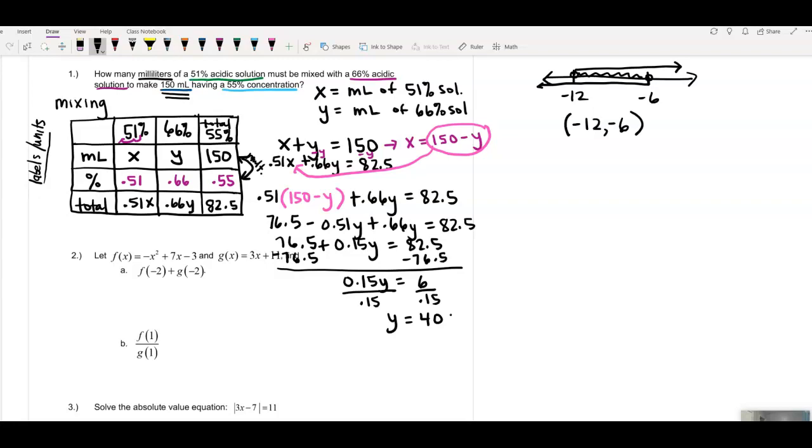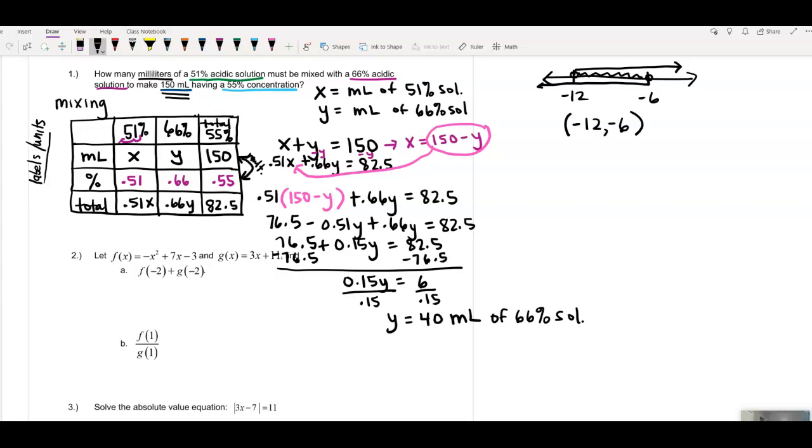Okay, 40 milliliters of which solution? Well, we said y was our 66% solution. So you've got to be really specific and make sure you know which one's which. And again, I like to assign these variables right off the bat so you remember what that is. So 40 milliliters of the 66% solution.